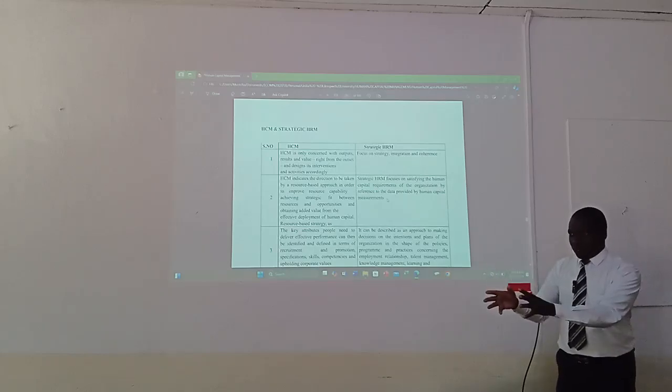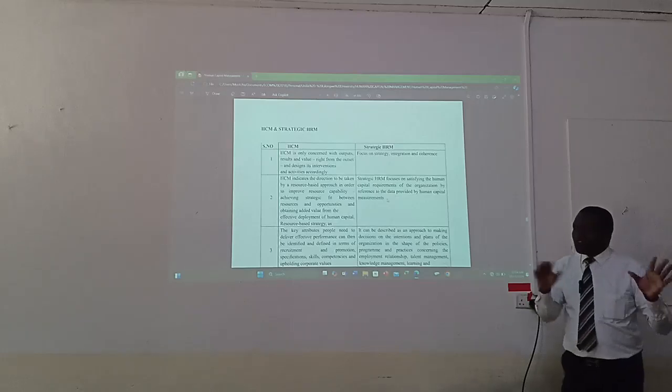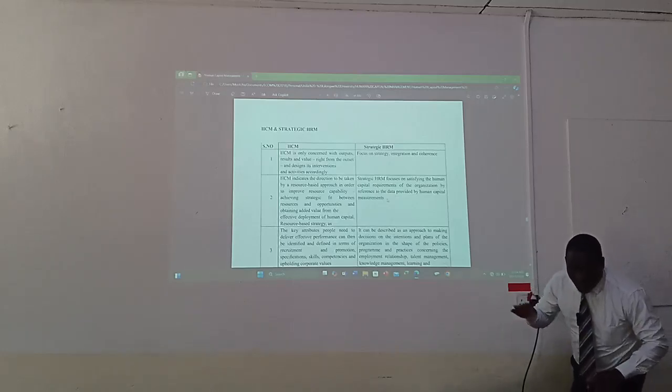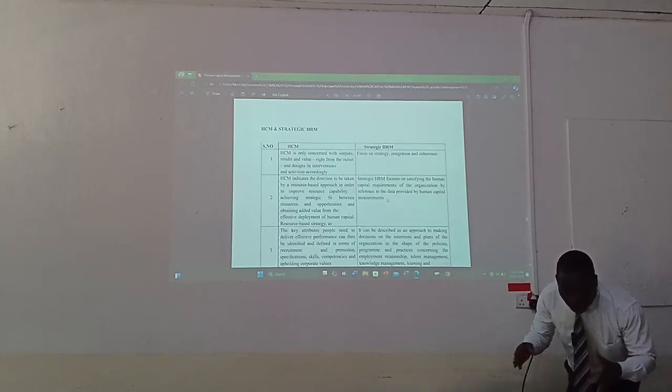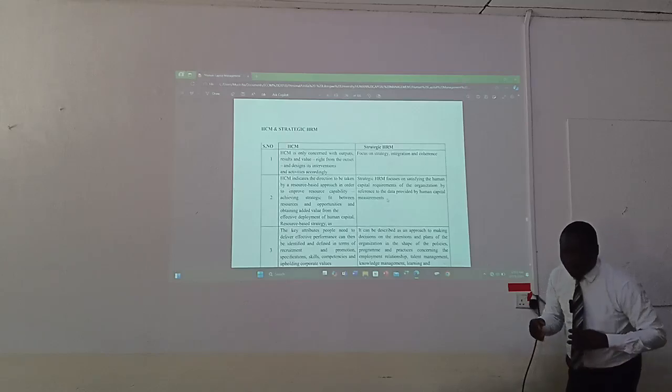Strategic human resource management is only looking at satisfying the number that is required in that organization, 30 people. Okay? So once 30 people are provided, human capital management is now looking at the direction to be taken by a resource-based approach in order to improve resource capabilities.